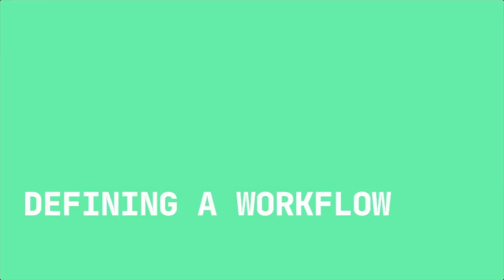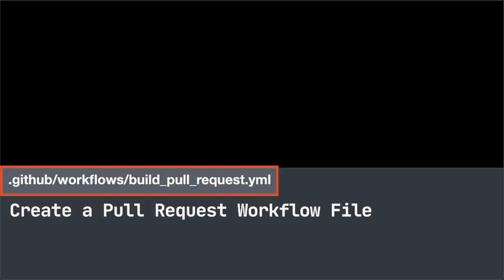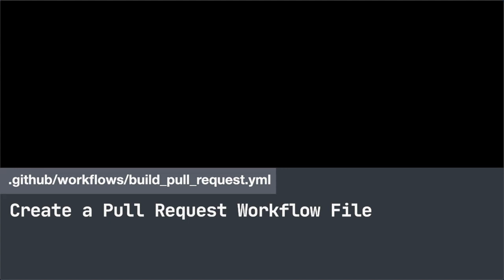So first off, we need to define our workflow. So we're going to define a workflow within the .github/workflows directory of our project. Now, it's very important. Workflows specifically live within .github/workflows. Now, workflows are defined using a YAML file. So in this case, we'll define a file called build pull request.yml.